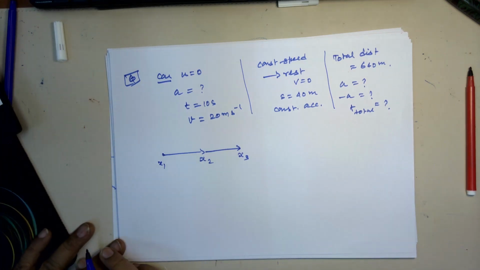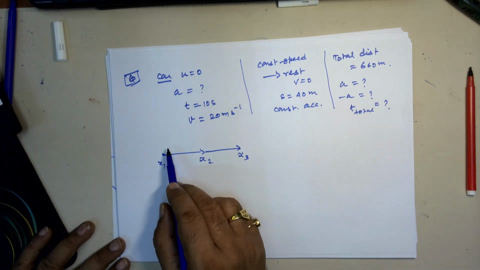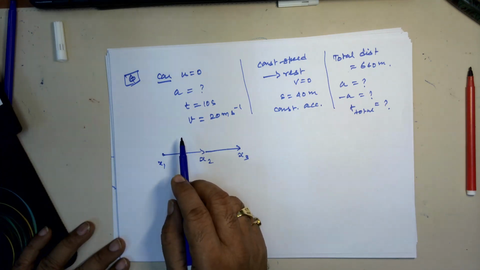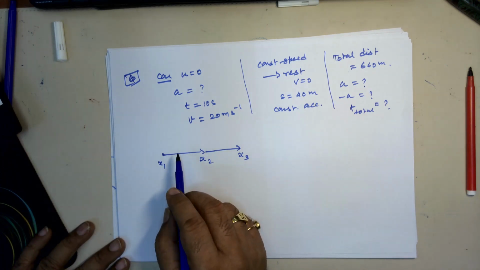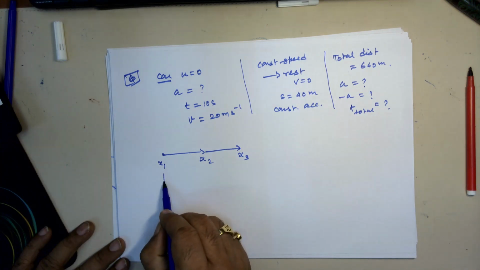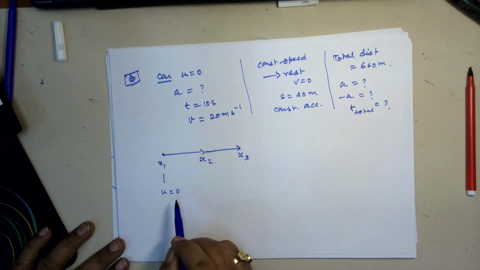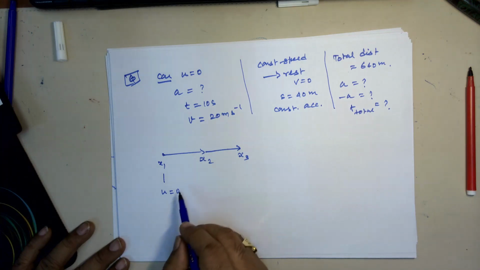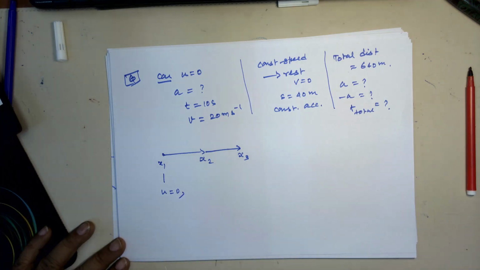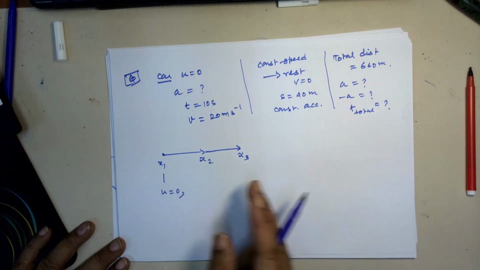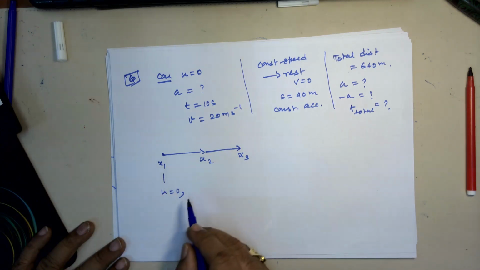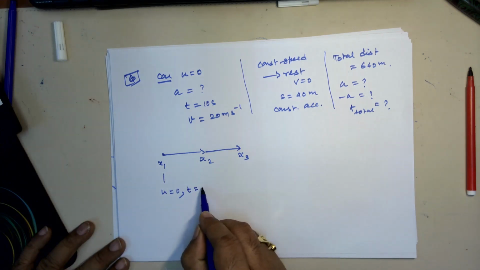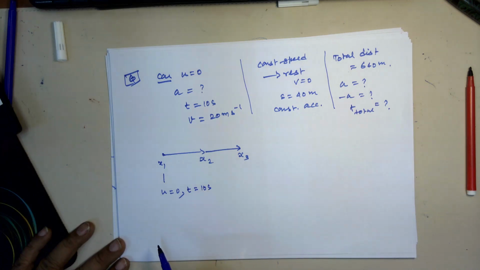You understand? Now, what is the first instance? What is the time taken initially? So in this case, u is equal to 0, right? Because it starts from rest. And in how many seconds it has gone to the second position, that is t is equal to 10 seconds, right?